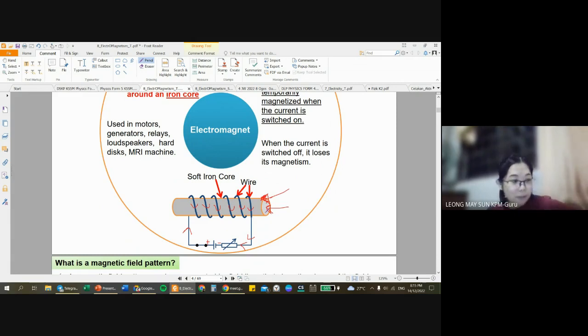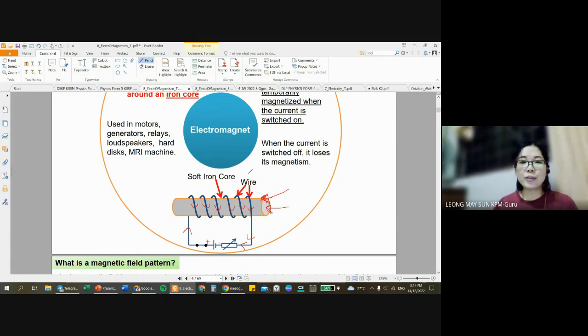I hope this clarifies the information for all of you. One thing about the electromagnet: the first part we're talking about is electricity inducing a magnetic field. So when there is no current flowing in the circuit, it will lose its magnetism. The whole magnetism will actually be lost. The key for electricity to create a temporary magnetic field is that the current must flow.